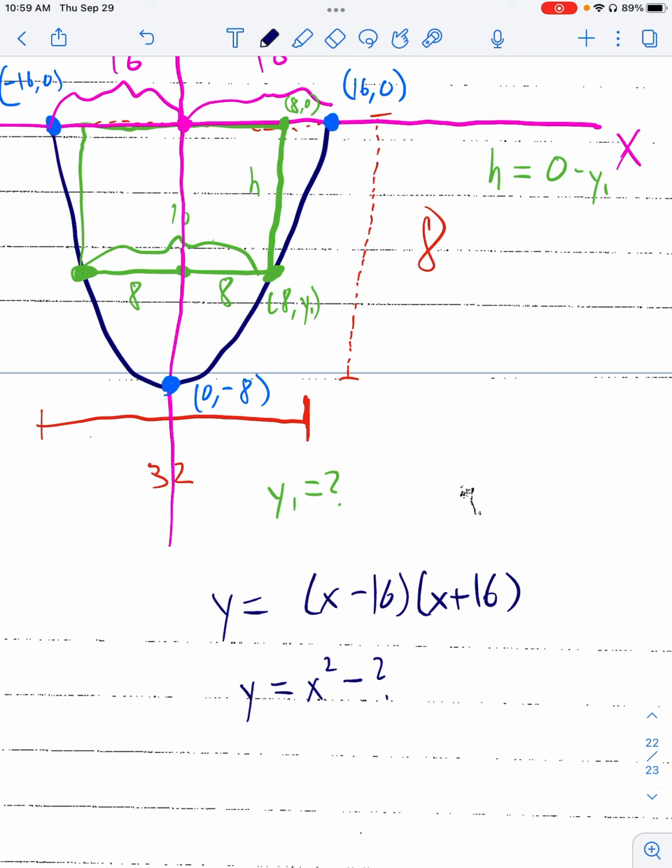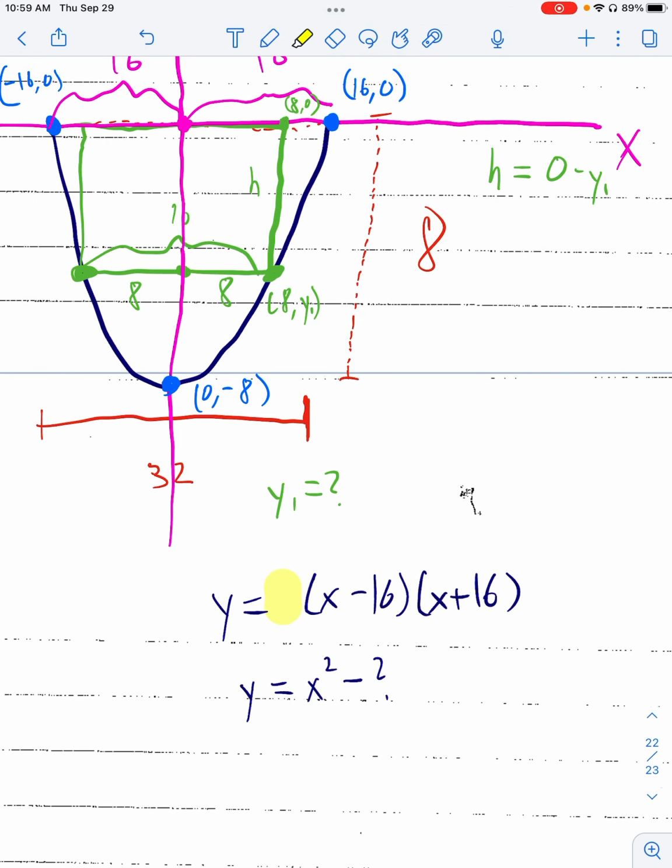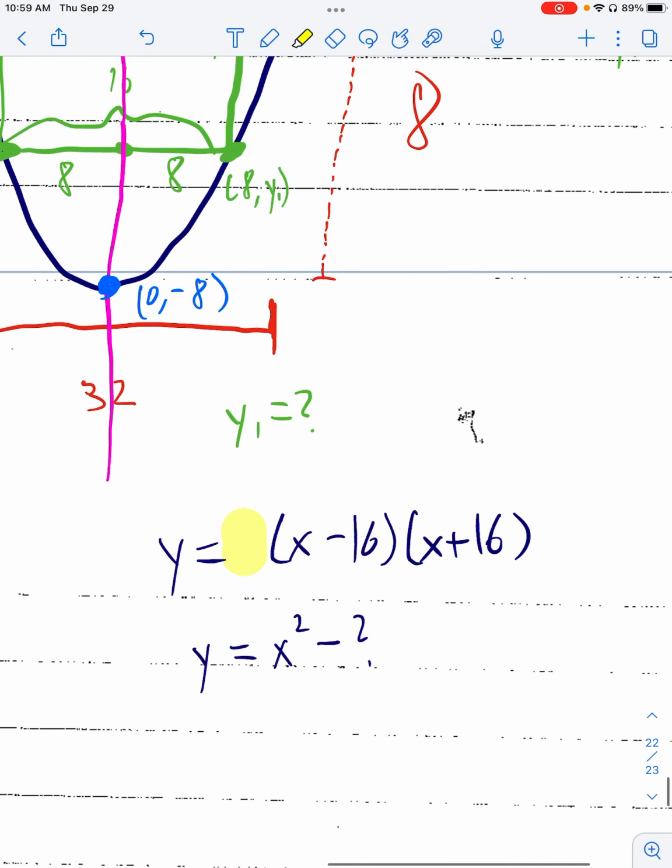So we're going to put a factor here such that when I FOIL all this out, my equation for y is equal to x squared minus 8.